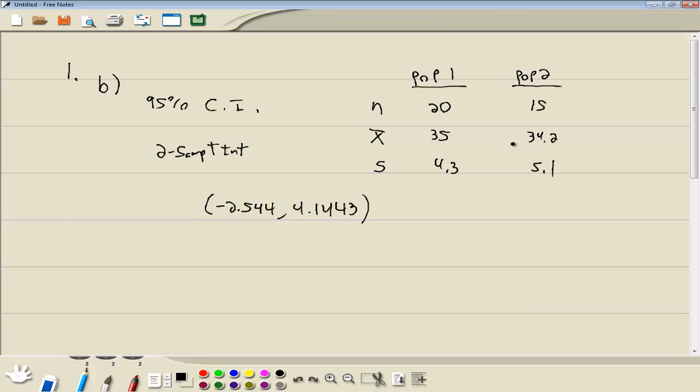We're talking about the differences between them. So we're asking what our differences are. How we interpret this is we're 95% confident that the true value of the difference of the population means falls in this range. Don't know where, but it's somewhere in here.